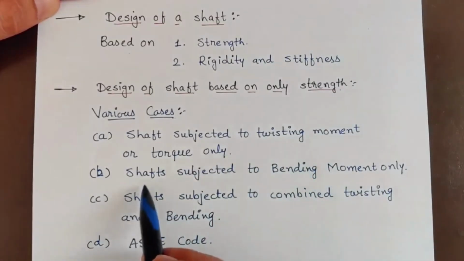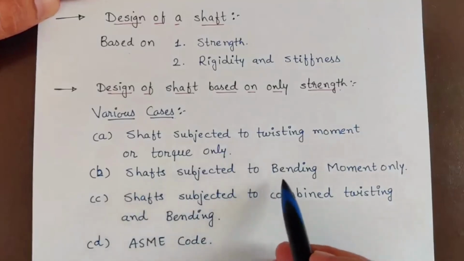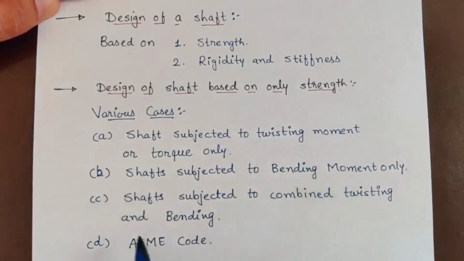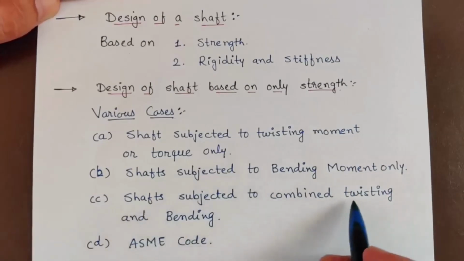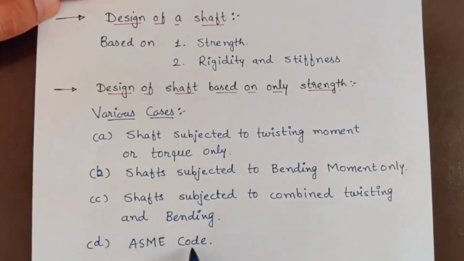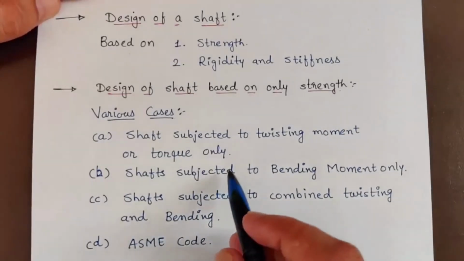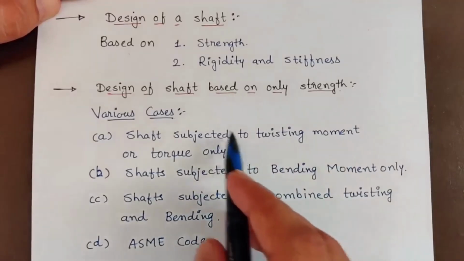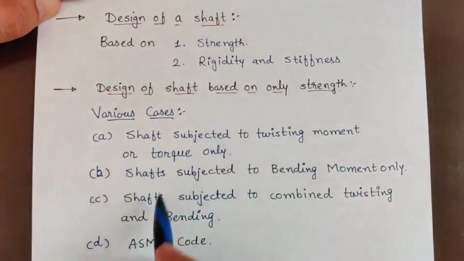Our second case is shaft subjected to only bending moment. In the third case, we will design a shaft subjected to combined twisting and bending. And the fourth case is design of shaft as per ASME code. To find out the design steps related to these cases, watch our upcoming videos.